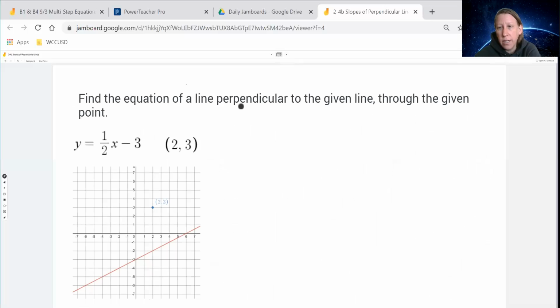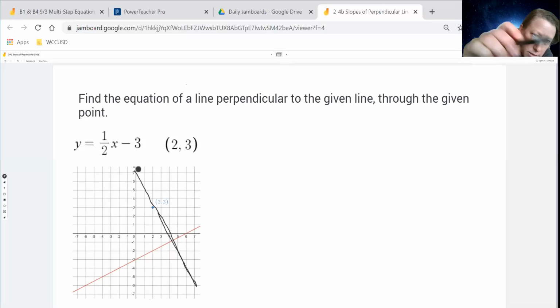Find the equation of a line perpendicular to the given line. So it has to be perpendicular to this line, but go through this given point. So here's the point 2, 3. And I want to draw it so that it's hitting this line at 90 degrees. So it's going to make a T with this line.